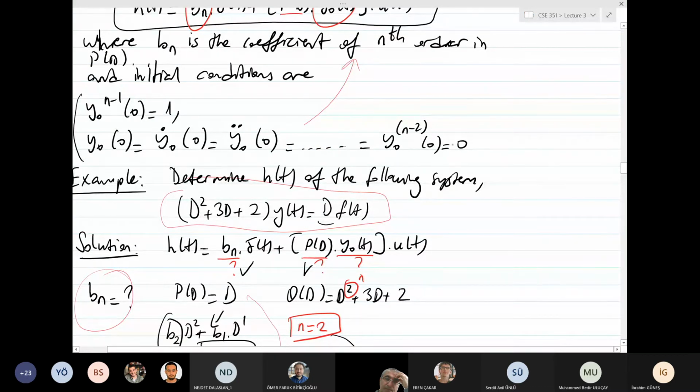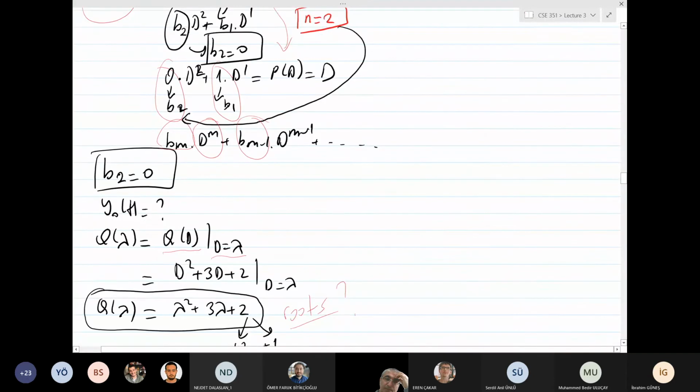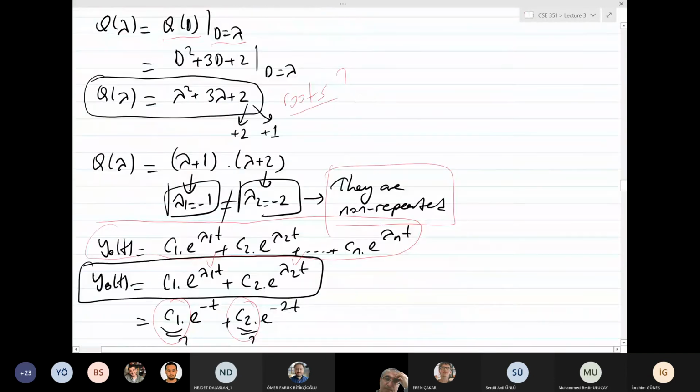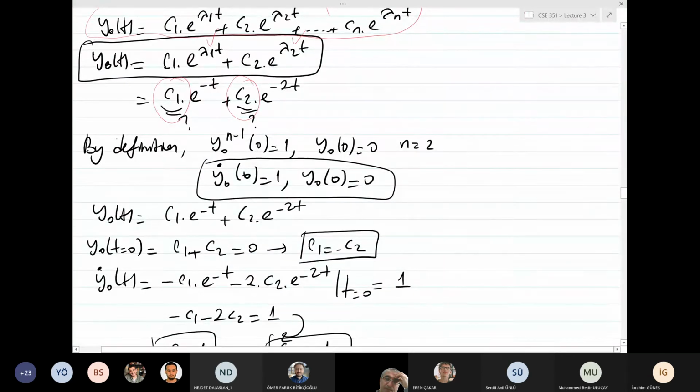All the initial conditions are 0 except the one with the maximum power. So in this case, y0 at 0 is equal to 0, because n is equal to 2 in this case, and 2 minus 1 is 1. So the first derivative of the zero state, zero input response is equal to 1 at t equal to 0, of course.